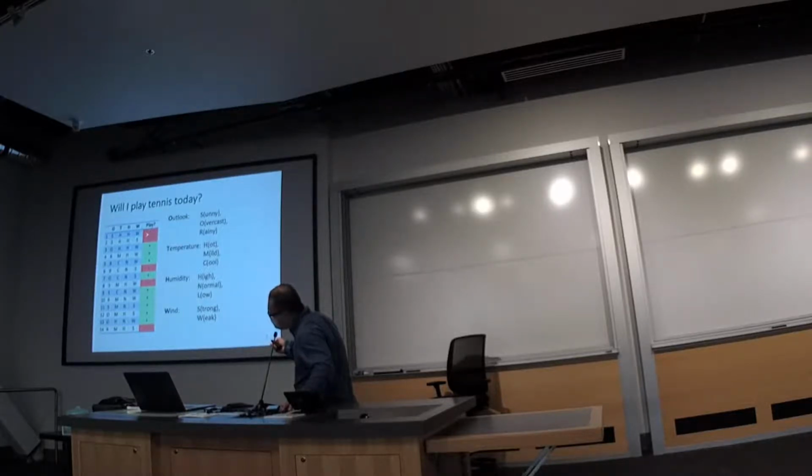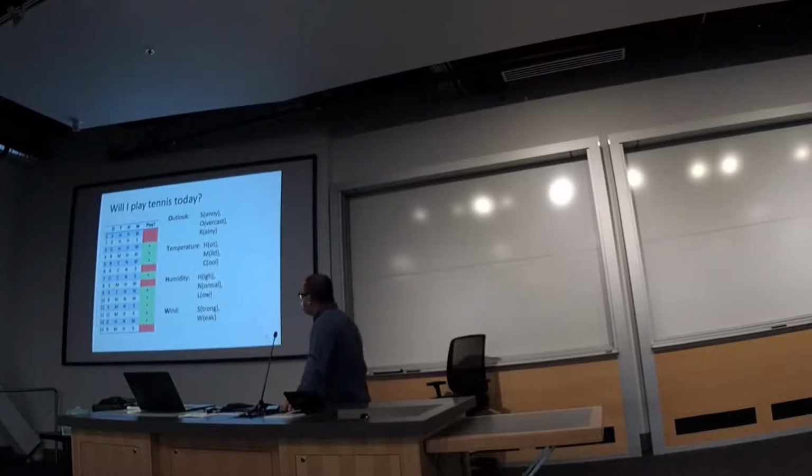So my decision was to stay at home, not play tennis outside. And for the 7th example, the outlook is overcast, the temperature is cool, humidity is normal, and wind is strong. My decision is still to play tennis. So it's positive.